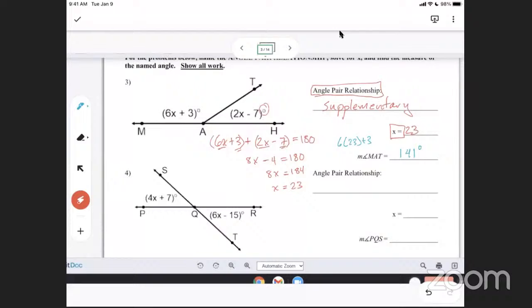Let's try number 4. What's the angle relationship here? What do you know about those two angles? I think it's not vertical angles, is it? They are vertical angles. And since they're vertical, they equal each other, right? Good. So does she want us to write vertical angles? She wants just vertical angles.